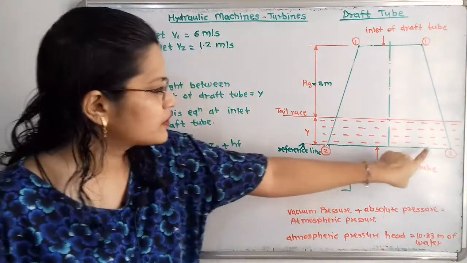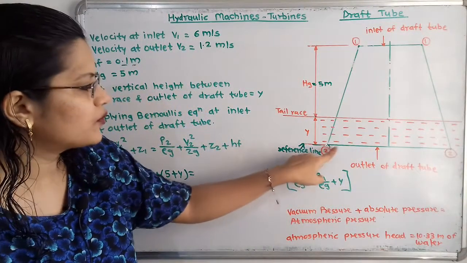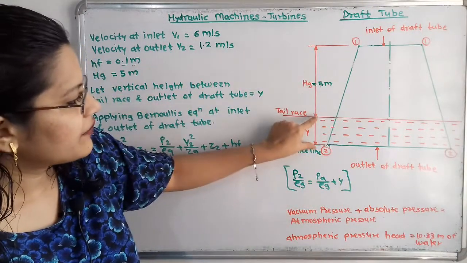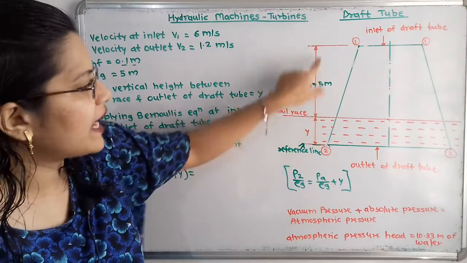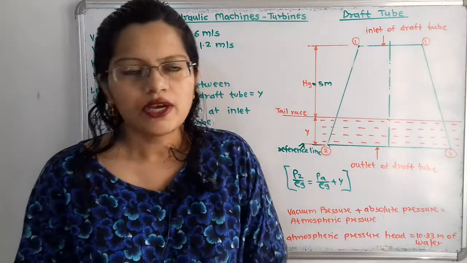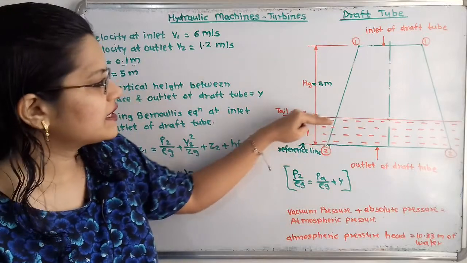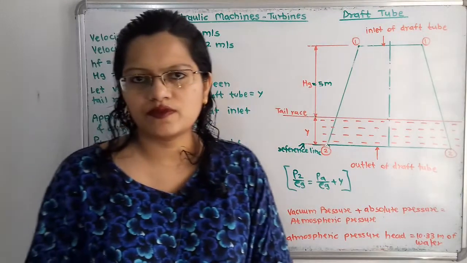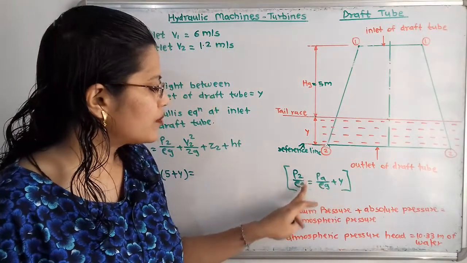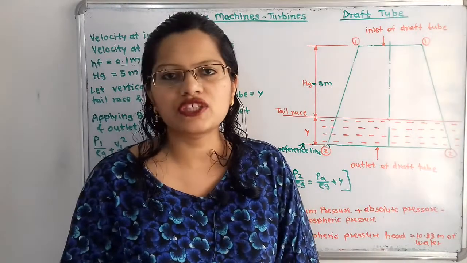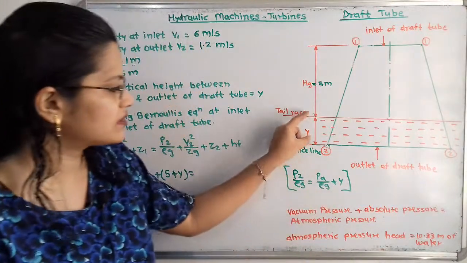Now if we observe this outlet of the draft tube, there is a vertical distance y, and above this y distance there is the atmospheric pressure head, because above this the tail race is open to atmosphere. So we can say that the pressure head at 2, P2 by rho g, is atmospheric pressure head plus vertical distance y.